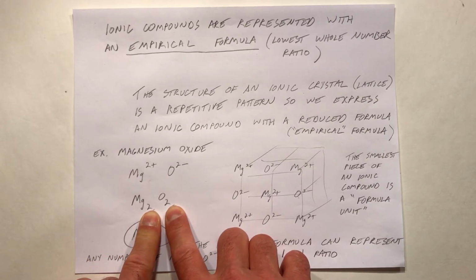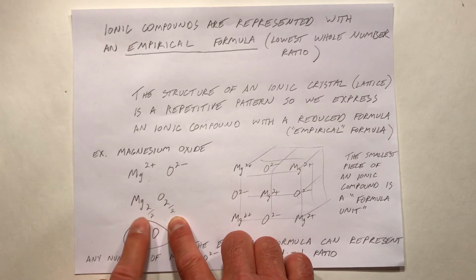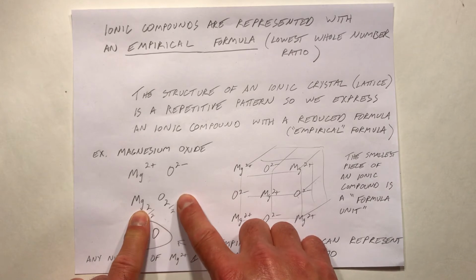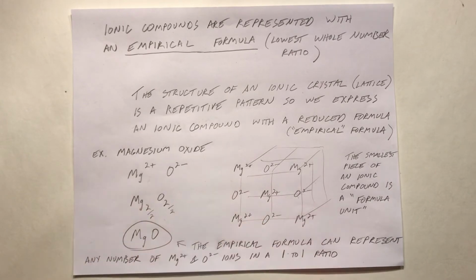But 2 and 2 is a ratio that can be reduced. We can do that by dividing both numbers by 2. 2 divided by 2 is 1, and 2 divided by 2 is 1. So now the new ratio is Mg1O1. When we write formulas, we typically do not include subscripts of 1, so we just write that formula as MgO.